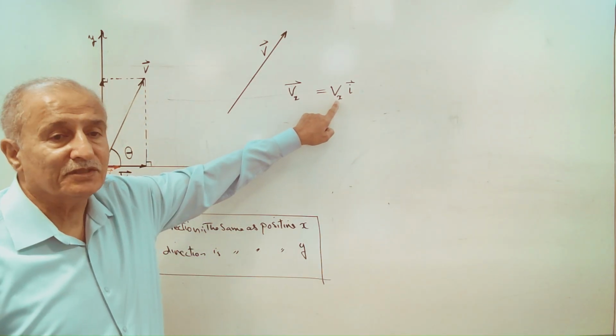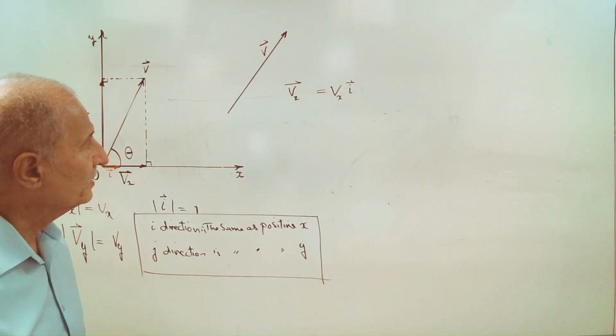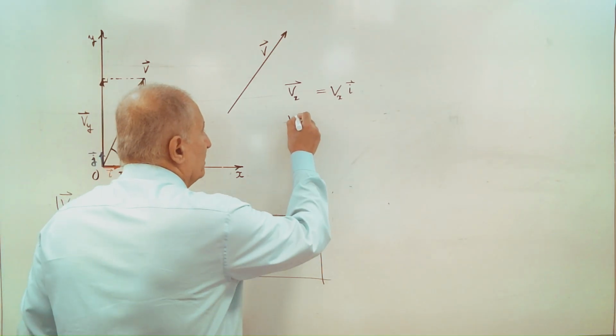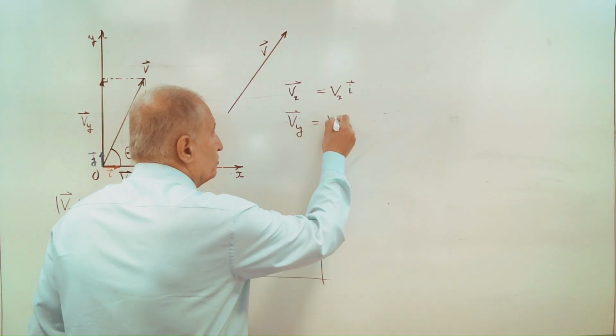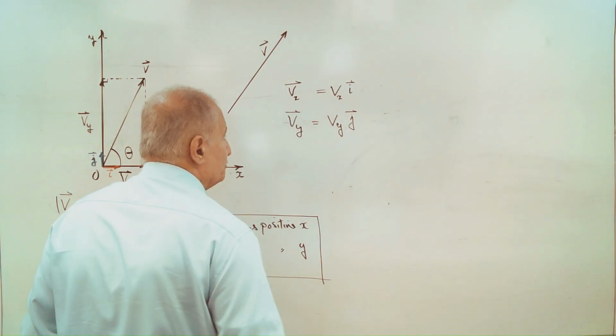This is a number, a value, like 5, 6, 12. And the Vy vector is equal to the magnitude of Vy, which we show as Vy, in the direction of j.